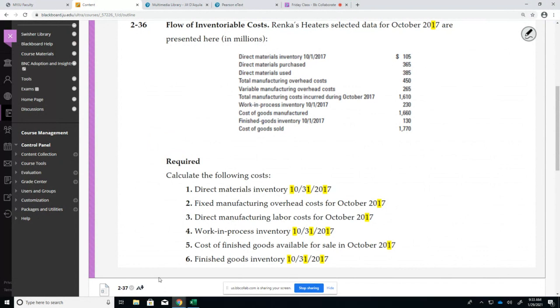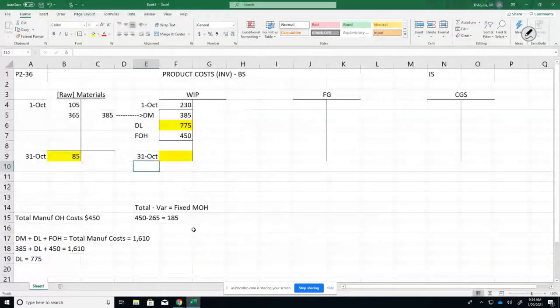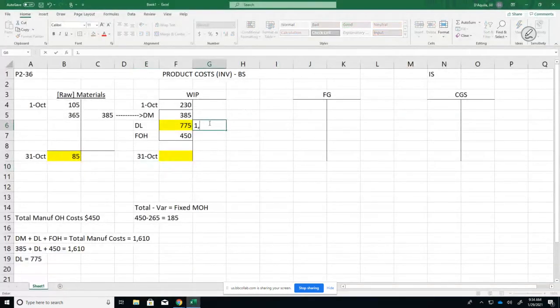You walk in the door, you've got these partially completed units, you tack on more costs, you want to know what's still left that's partially completed. So what's missing? If it's not partially completed, where did it go? It's a finished good. So at the end of the month, some things are still partially complete. If they're not sitting there, we finish them. And they're going to be called cost of goods manufactured, $1,660. So we plug in $1,660 because we finished those.